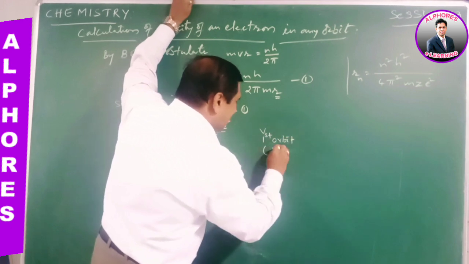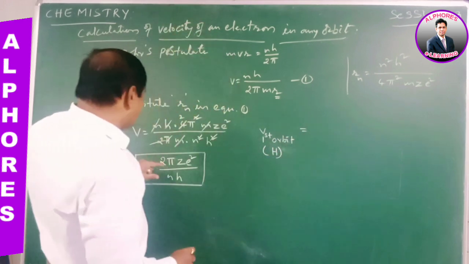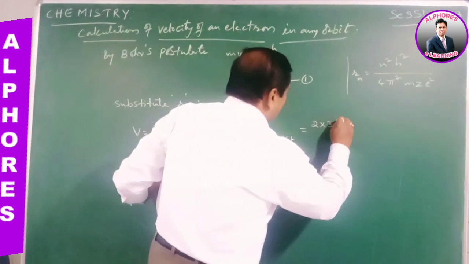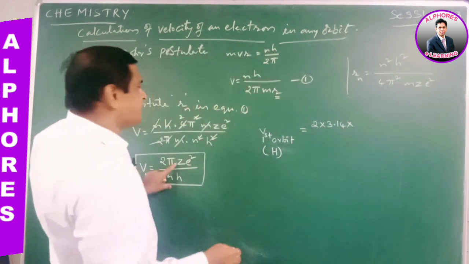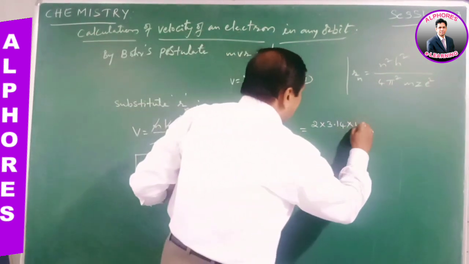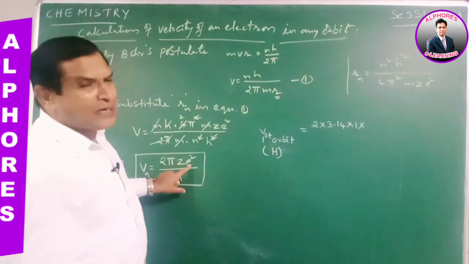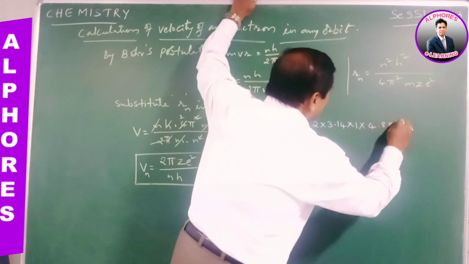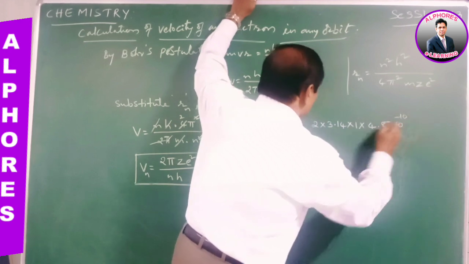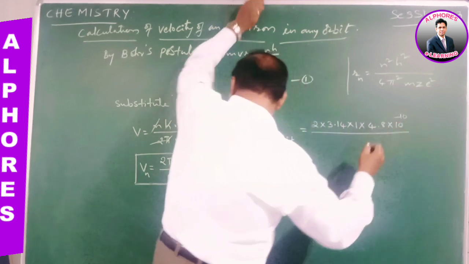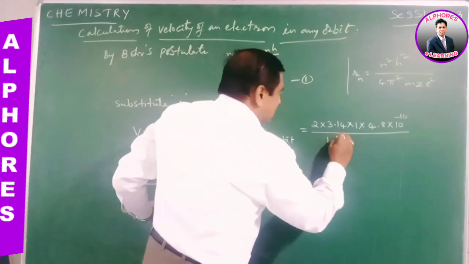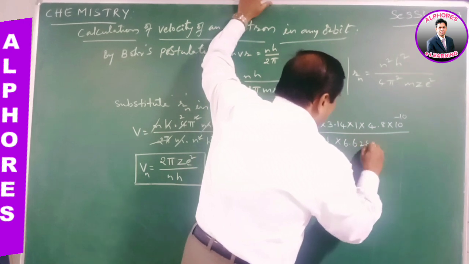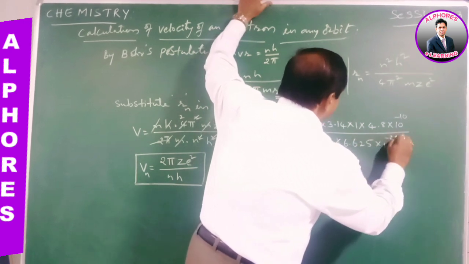Substitute the values: 2 into 3.14 into z, where the hydrogen atomic number is 1, into e square, the charge on the electron in CGS units, 4.8 into 10 to the power minus 10 ESU, by n, orbit 1, into Planck's constant in ergs, 6.625 into 10 to the power minus 27 ergs.